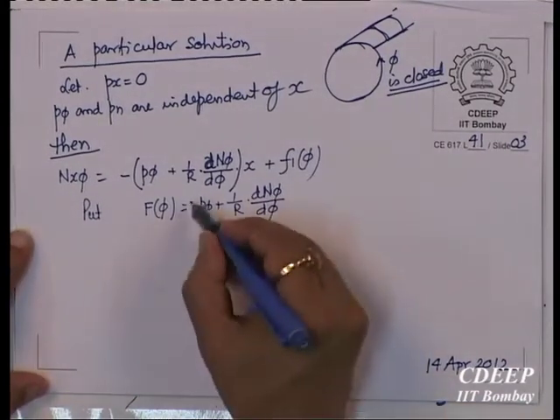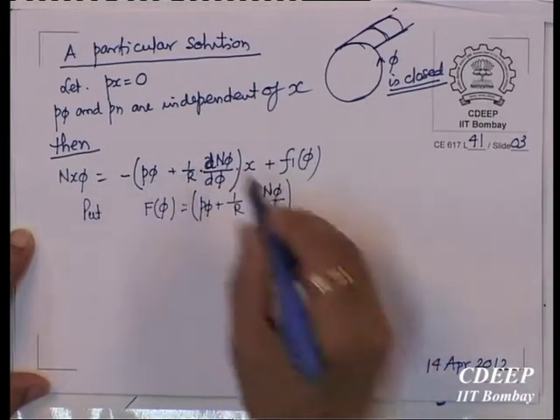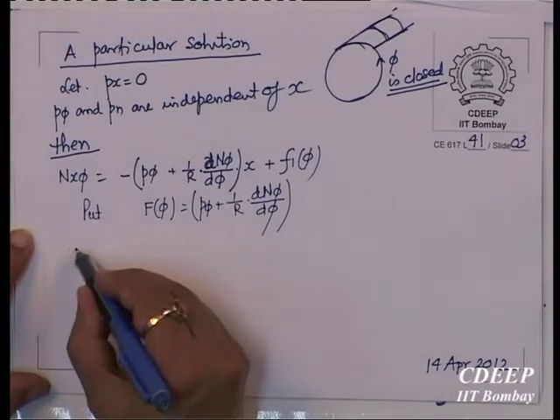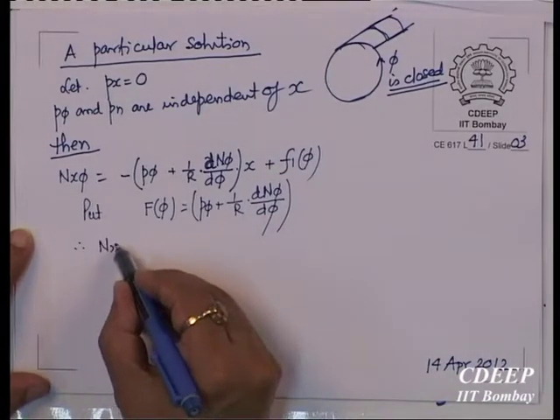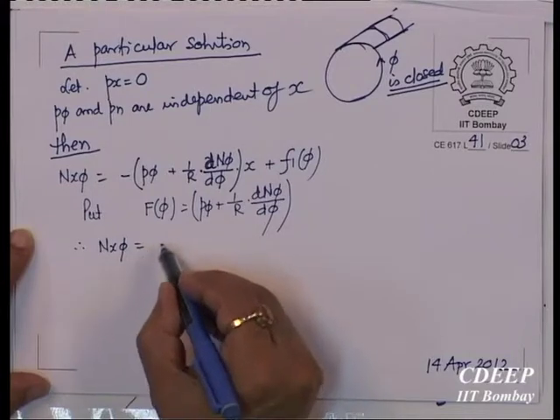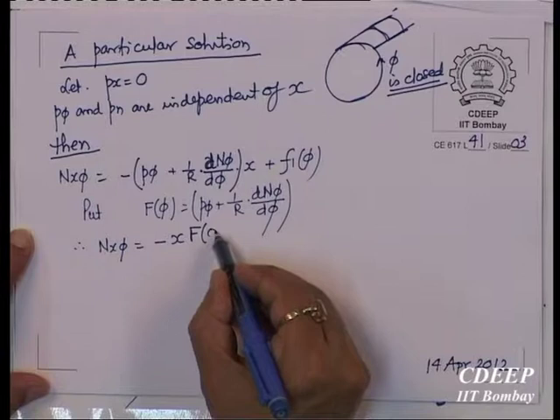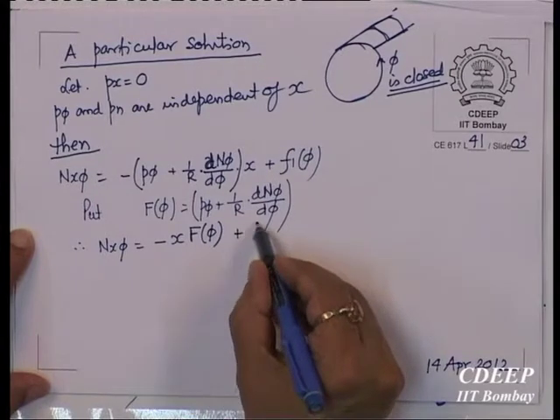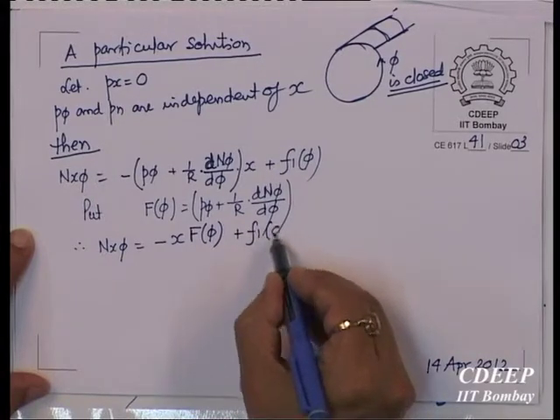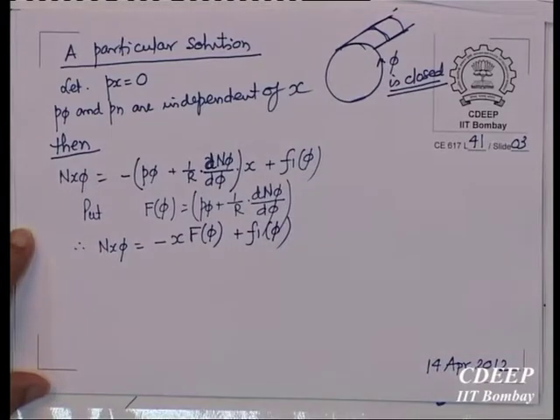Because people have solved this problem and it helps. Therefore, your n x phi is equal to minus x f phi plus f 1 phi.